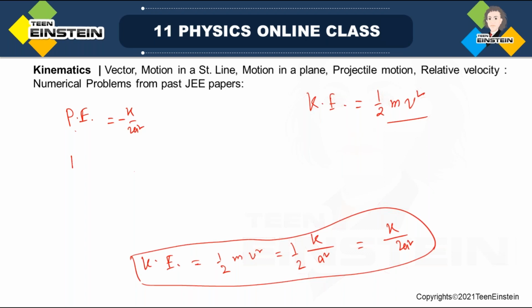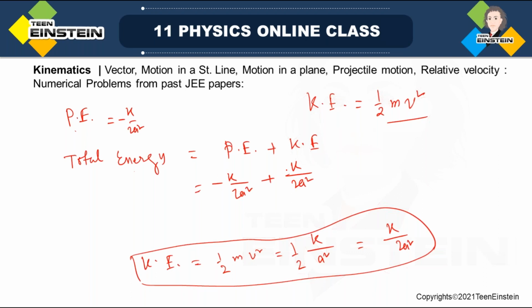Total energy is potential energy plus kinetic energy, which is minus k by 2a square here, and kinetic energy we have got k by 2a square.